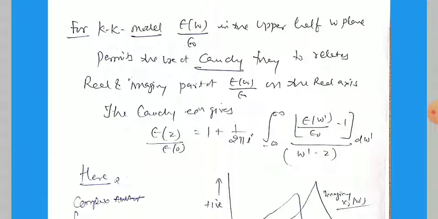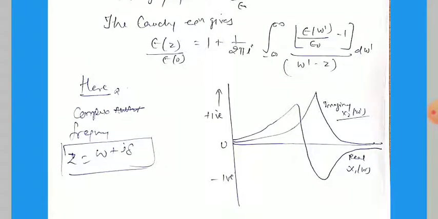So Cauchy's equation gives epsilon z by epsilon 0 equal to 1 plus 1 divided by 2 pi iota, integral from minus infinity to plus infinity of epsilon omega dash by epsilon 0 minus 1 divided by omega dash minus z, d omega dash. And there is a figure where we can show the real part and imaginary part. There are two parts, x1 and x2. x1 is the real part and x2 is the imaginary part, and they have peaks, with maximum and minimum also.